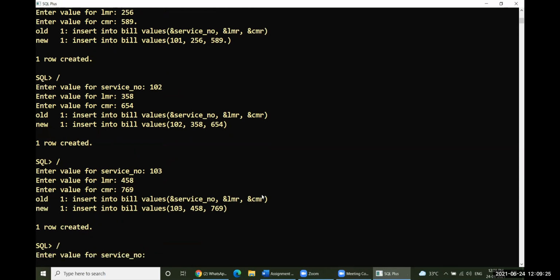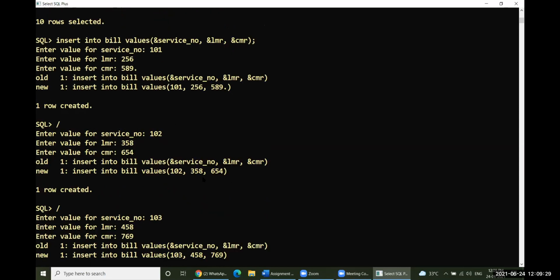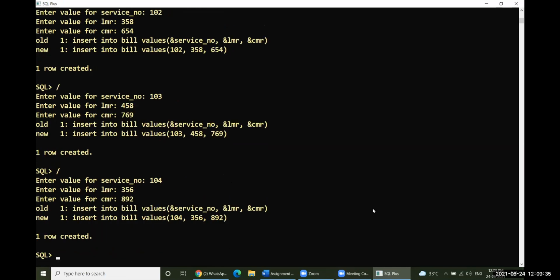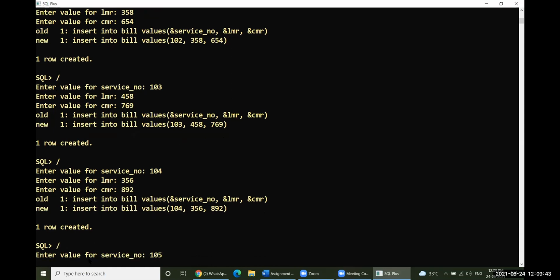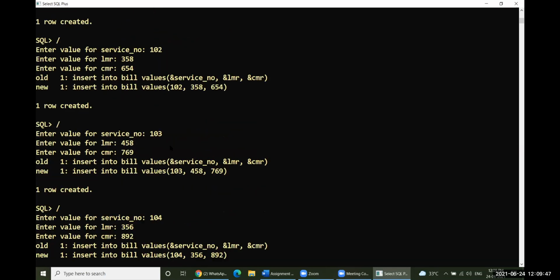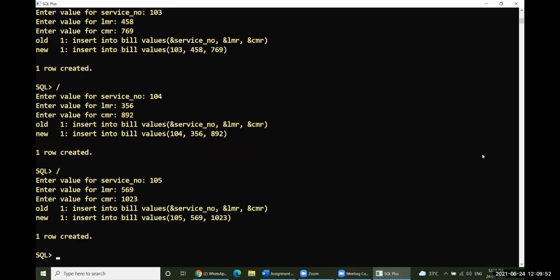So let me say 104. Next 104, 356 is initial and 892 will be the next one. And then 105. The 105 initial value, the previous month value, is 569. Now it is 1023.